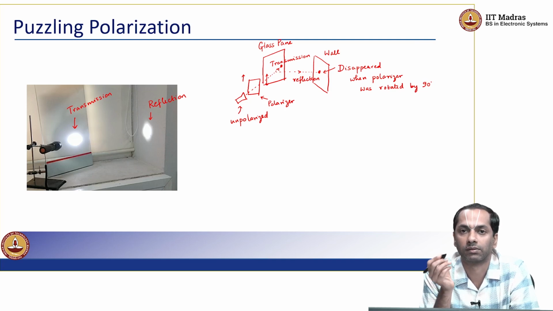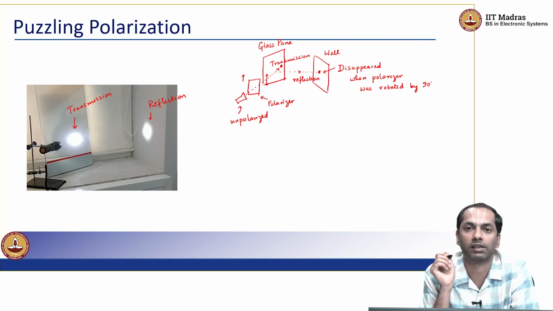So, if you can rewind and look at that carefully, you will notice that the reflection spot of the flashlight will completely disappear when the polarization was rotated by 90 degrees.